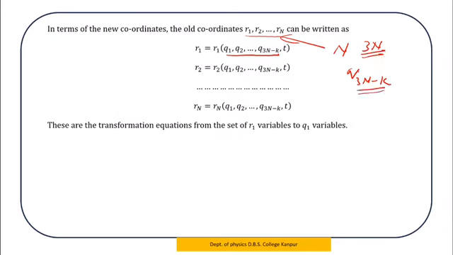These transformation equations relate the old coordinates r1, r2, ..., rn to the generalized coordinates q1, q2, ... and time t.